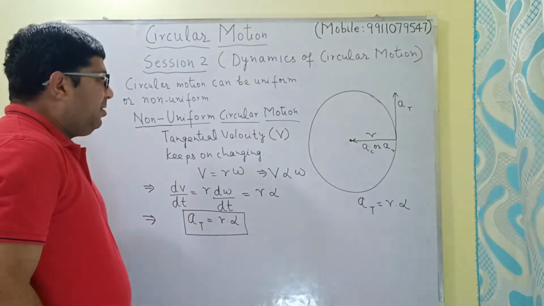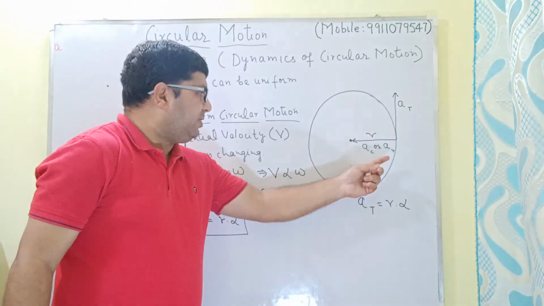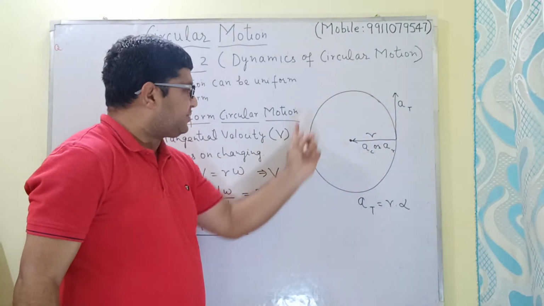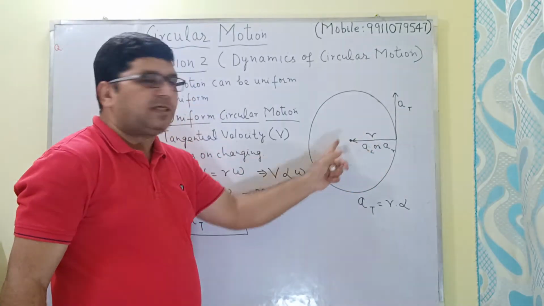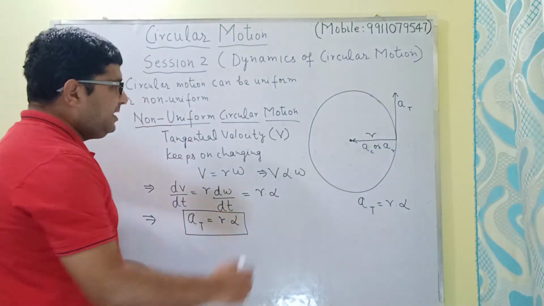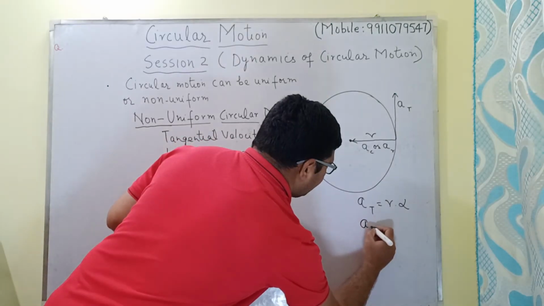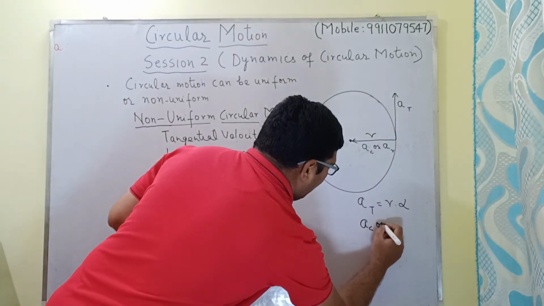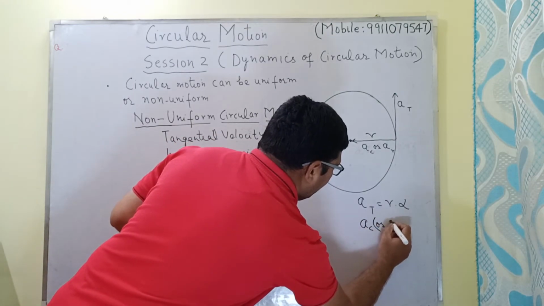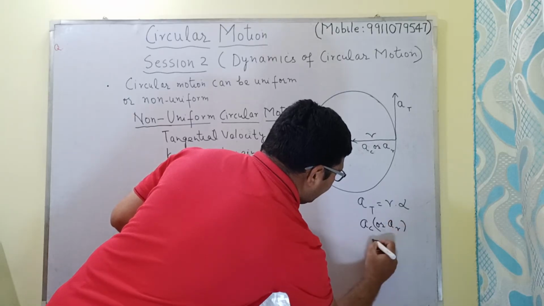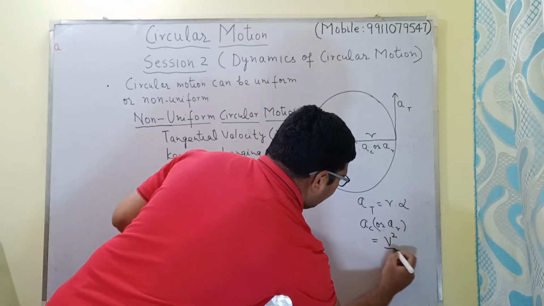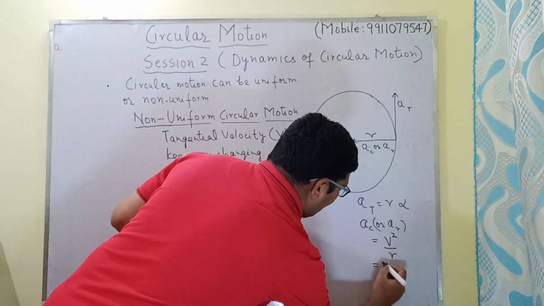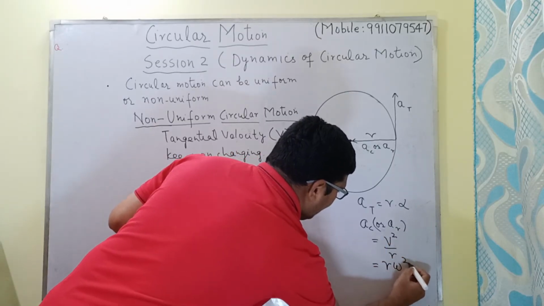Now, as we know, in the case of circular motion, the centripetal acceleration or the radial acceleration is directed towards the center, and its value is given by AC or AR, which is equal to V square upon R, and this is also equal to R omega square.